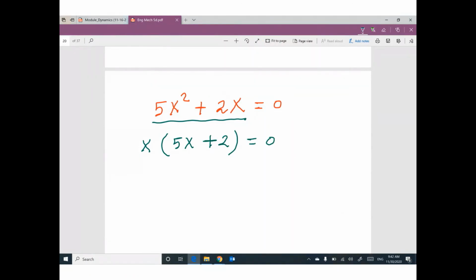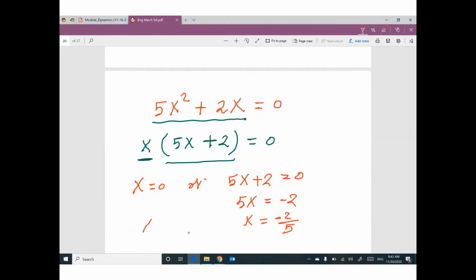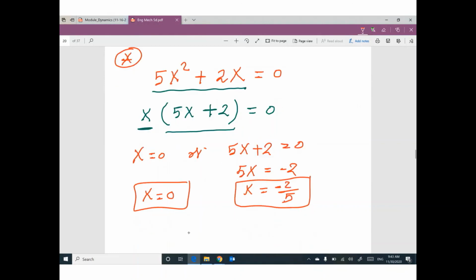We have two scenarios, because if you have a term times another term equals 0, one of them equals 0. So x equals 0, or 5x plus 2, the second term, equals 0. From the second term, 5x equals -2, or x equals -2 divided by 5. So we have two options, x equals 0 or x equals -2/5. This is how to solve this kind of equation.